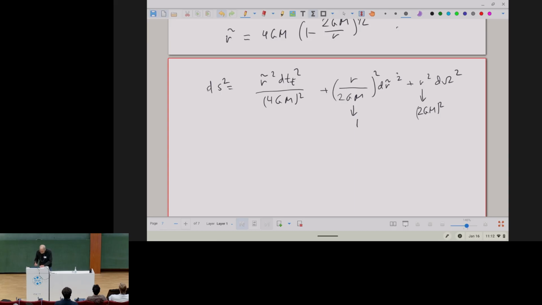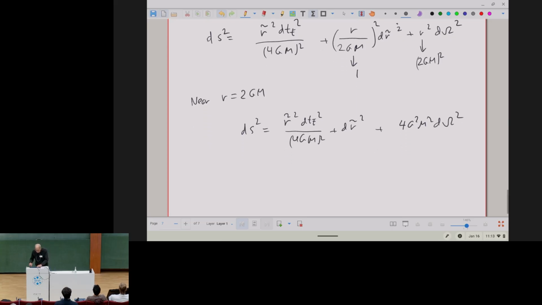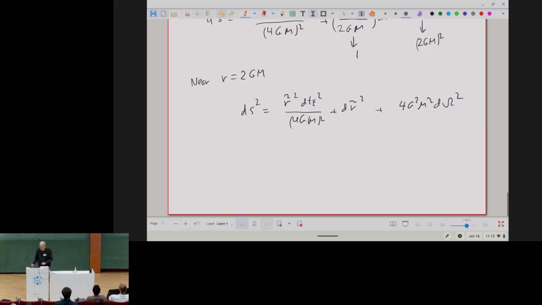So near r equals 2GM, ds squared is just r tilde squared dtE squared over 4GM squared plus dr tilde squared plus a constant times d omega squared. So it just factors as a product of two two-dimensional metrics. This one is a sphere of radius 2GM, but it's decoupled from the rest. And this is what we have to look at.